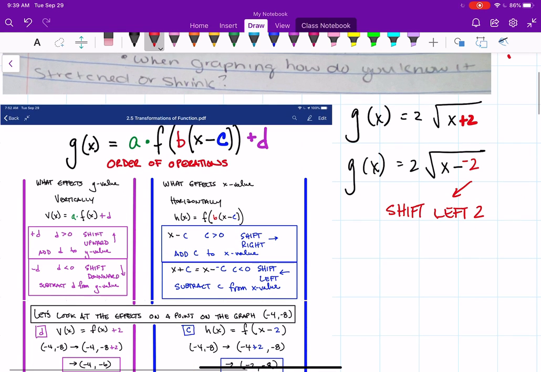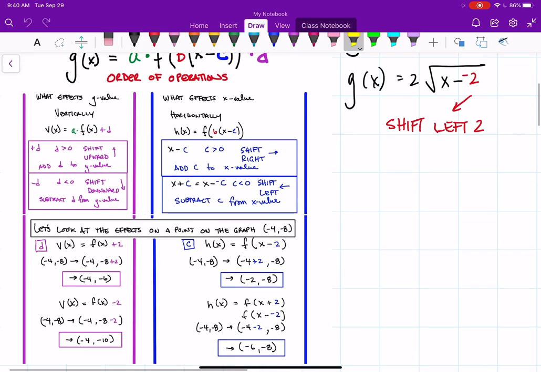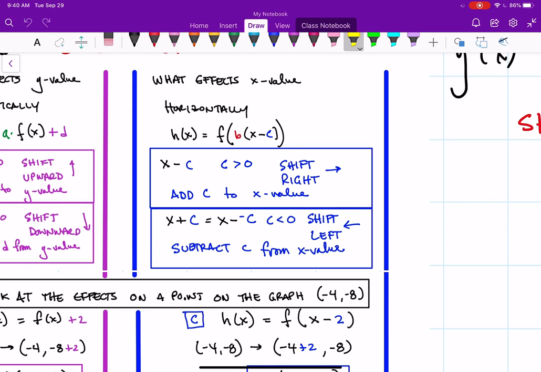So if you look at this formula here, it says g of x is a times f of b times x minus c, plus d, right? The reason I wrote it that way is because some of it affects the x and some of it affects the y. The a and the d are outside the f of x, so that's why they affect the y value, while this is inside the parentheses where x usually is, so that's what's going to affect the x value.